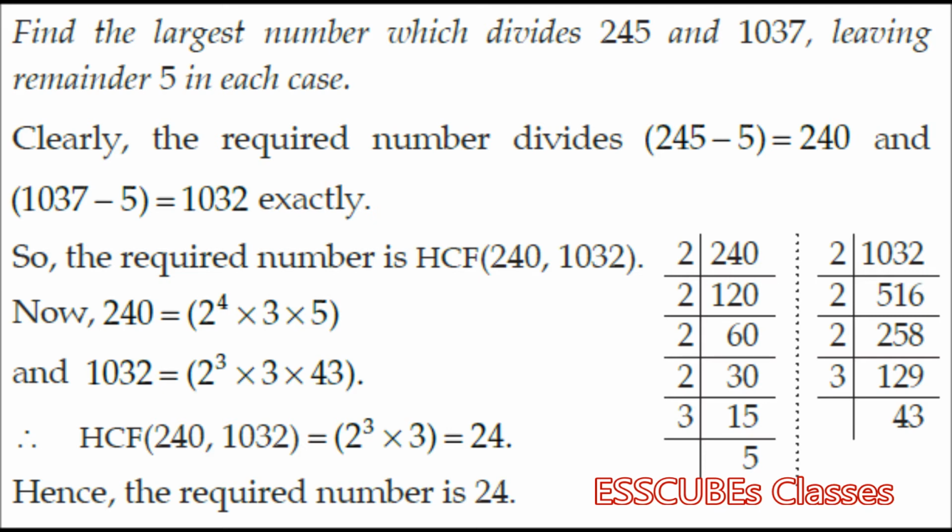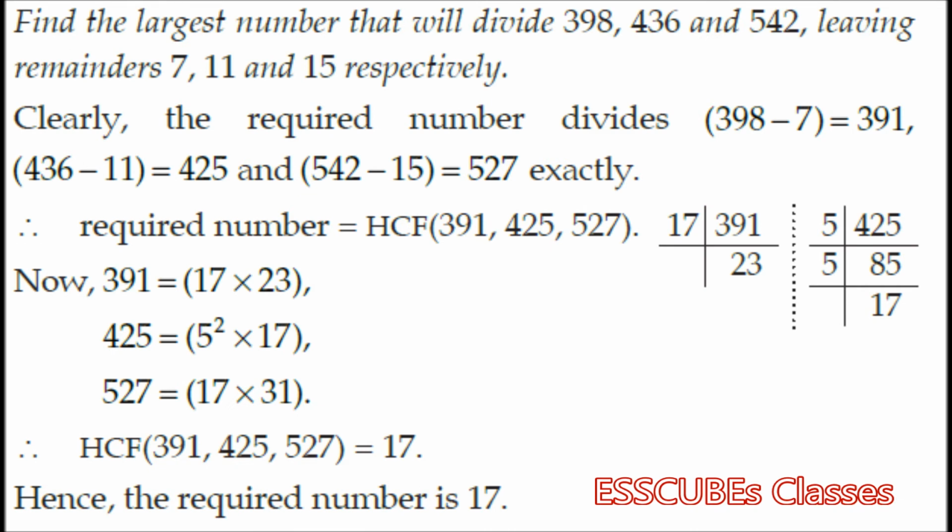Let's now consider this question. It is something similar to the last question that we have discussed. Find the largest number that will divide 398, 436 and 542, leaving remainders 7, 11 and 15 respectively. Again, leaving a remainder means we have to subtract these values from the respective numbers.